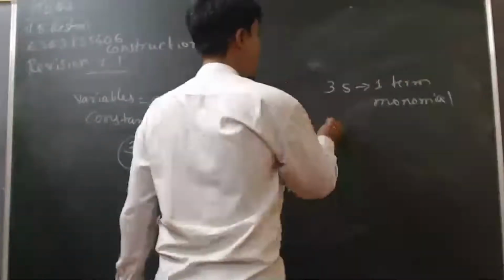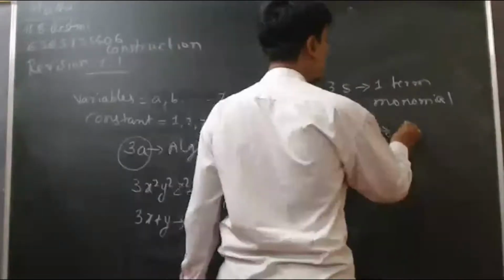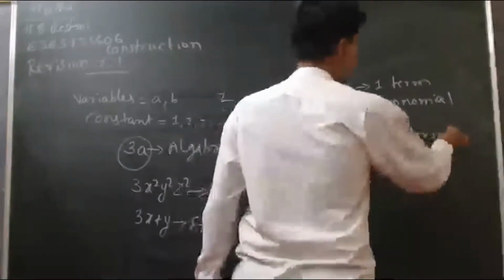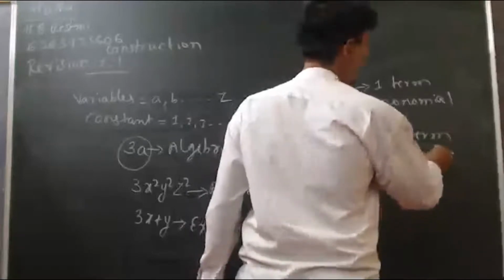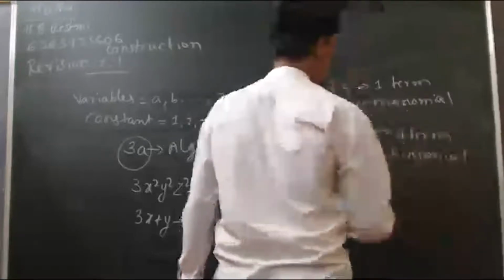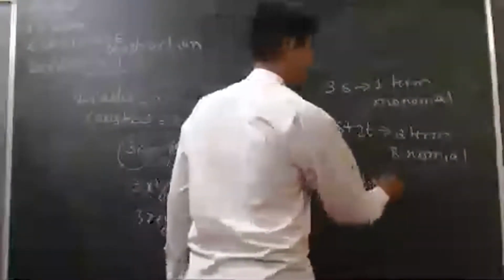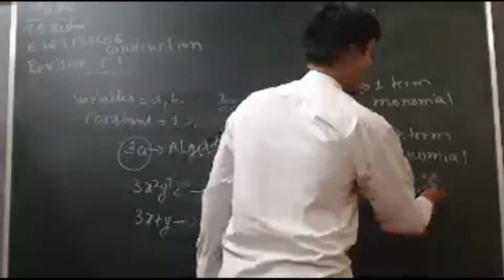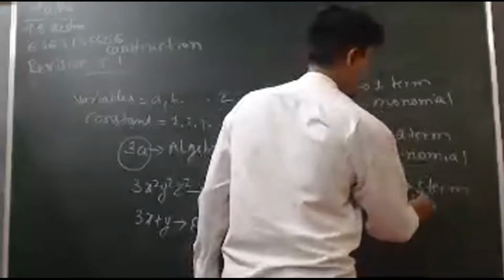If I write 3s plus 2t, it is an expression with two terms, called a binomial. 3s plus 4t plus 5r has three terms, a trinomial.